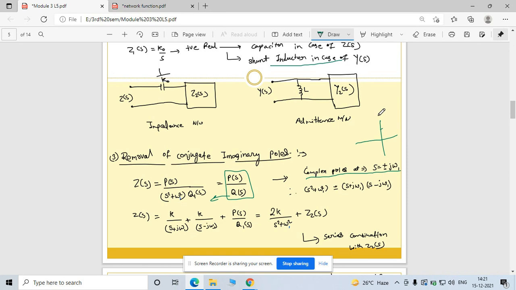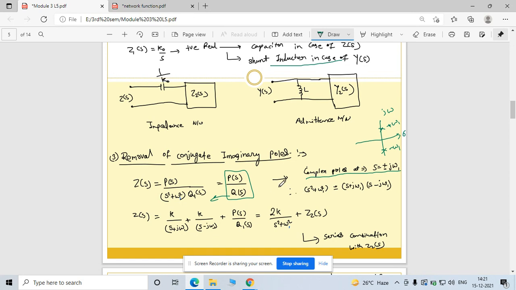Let's say this is the j omega term, and this is your real axis term, the sigma term. Once one conjugate pole is observed on the imaginary axis at plus j omega 1, automatically the second conjugate will be observed on the negative imaginary axis at minus j omega 1. Okay, so this is the j omega axis.